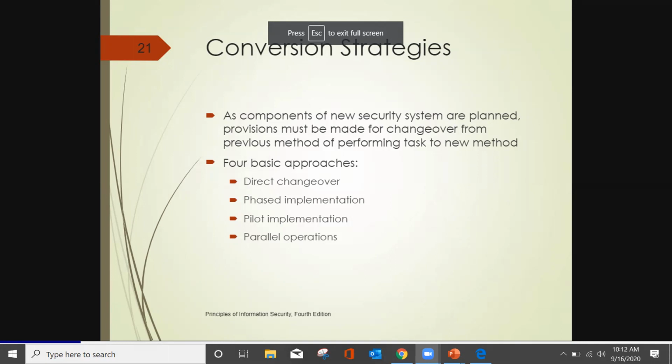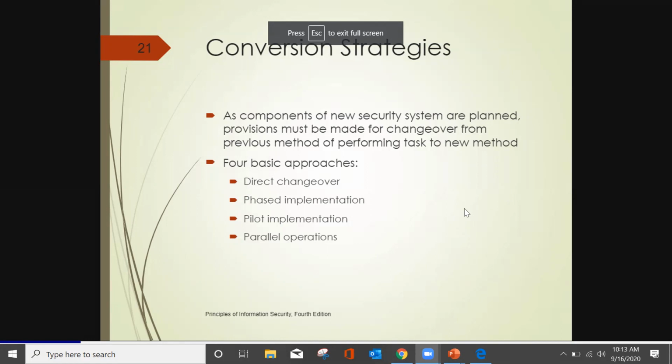These changeovers can be direct, or, if you want to implement a firewall security, you can go in phases: change a little bit and then change a little bit. And then you look at things that are done parallelly. You can do parallel operations, like 4 or 5 divisions done all together at the same time. That's called parallel operations.